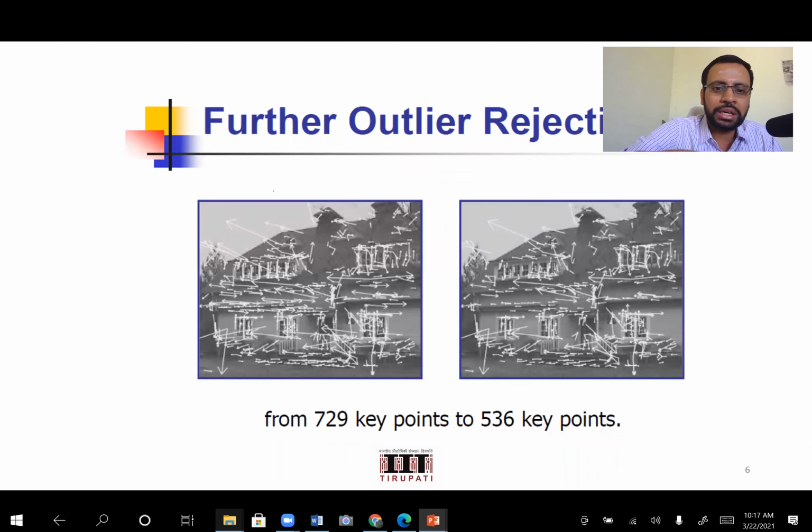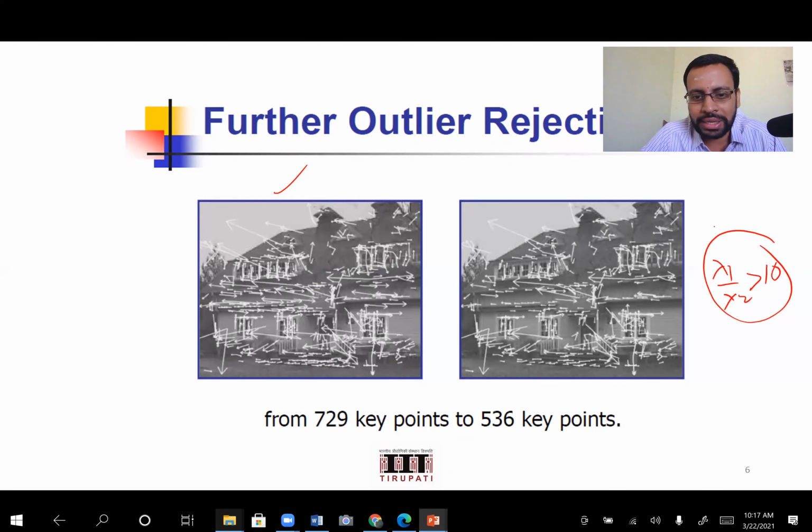So this is what you got in the last class: from 729 key points after localization of the difference of Gaussians, and then applying a threshold, anything less than 4%, 0.04, you are dropping. Now on it you again compute this Hessian matrix, and if your r, lambda1 by lambda2, is greater than 10, which is again an empirically chosen number, other than that there is not much interpretation to it, those are the points you would drop.